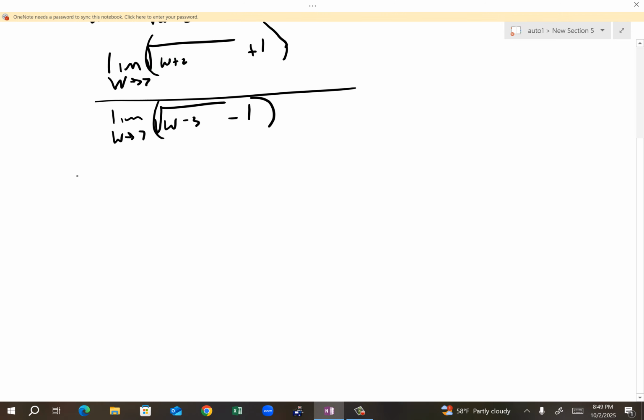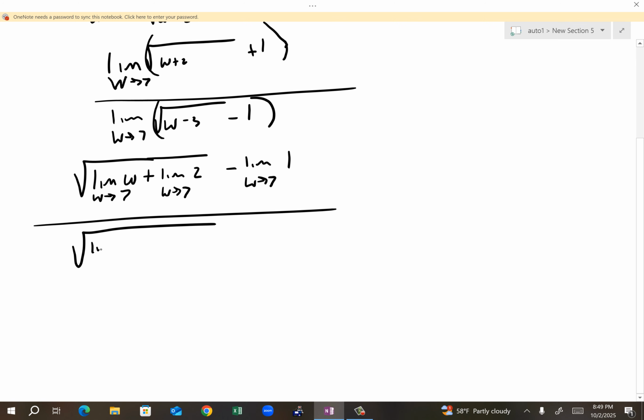That's true, but we also know that the limit of the square root is the square root of the limit, like this, of w, plus the limit as w approaches 7 of 2, minus the limit as w approaches 7 of 1, over the square root of the limit as w approaches 7 of w, minus the limit as w approaches 7 of 3, minus, well, that top one's plus 1, minus 1, minus the limit as w approaches 7 of 1.